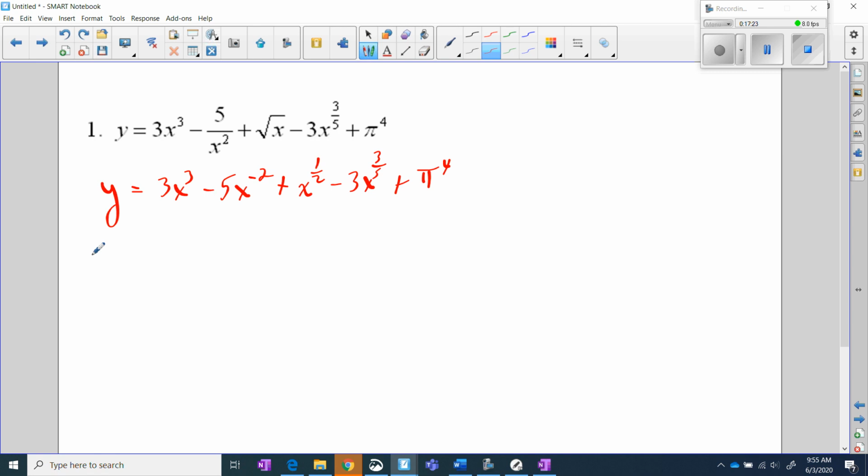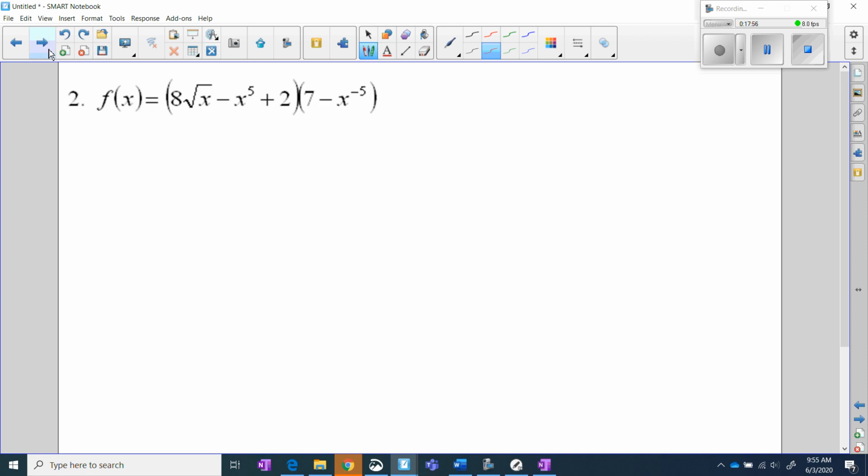Now I'm ready to do y prime. So y prime would be multiply and take one off the exponent. So 9x squared. Negative 2 times negative 5 plus 10, x to the minus 3 plus 1/2, x to the minus half, minus 9/5, x to negative 2/5. Derivative of a constant is 0. Finished. Okay, so that one just used power rule repeatedly.